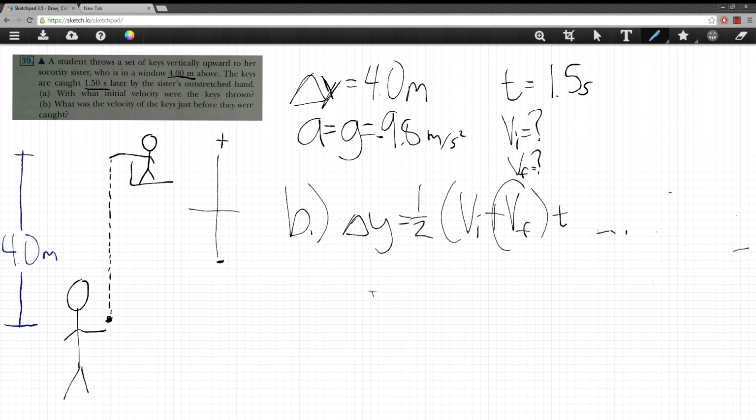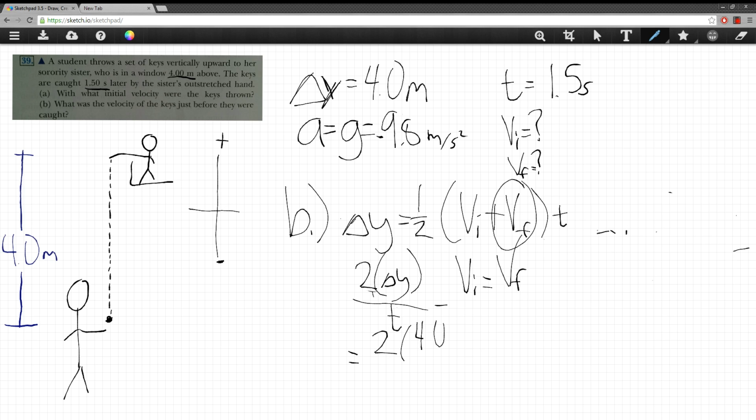And again, you want to isolate v final. So to do that, it becomes 2 delta y over t minus v initial equals v final. And then you just plug in the values.